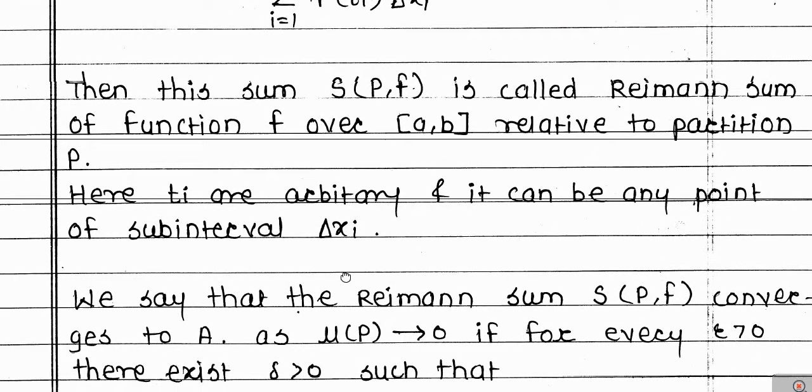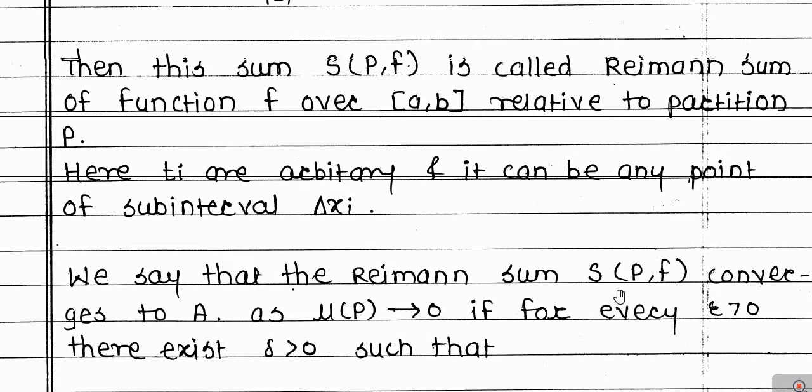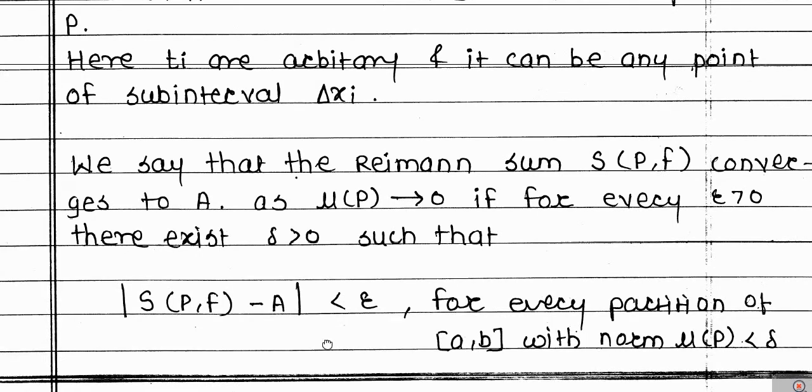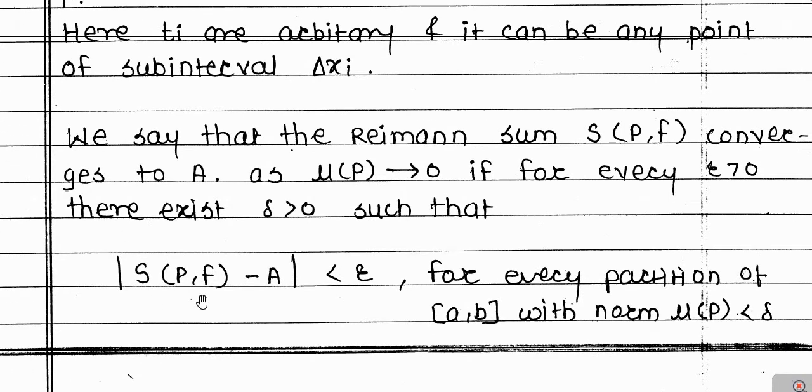Next, we say that the Riemann sum S(P, f) converges to the real number A as mu of P tends to 0, where mu of P means the norm of the partition, if for every epsilon greater than 0 there exists a delta greater than 0, such that the difference of the Riemann sum S(P, f) and A is less than epsilon for every partition P of the closed interval a to b with its norm mu of P less than delta.